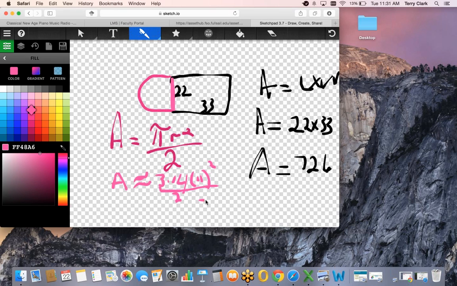So when I'm doing that, I'm going to end up with 3.14. 11 squared is going to be 121, divided by 2.